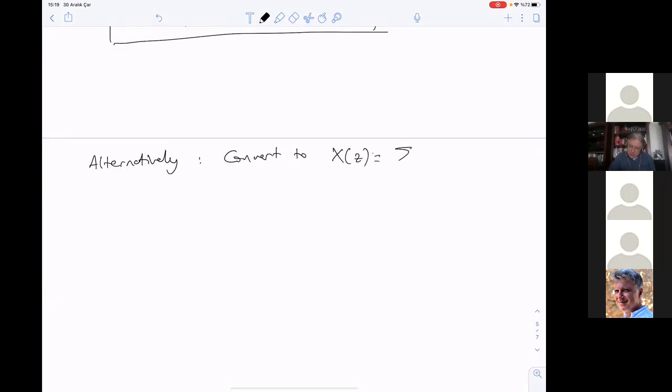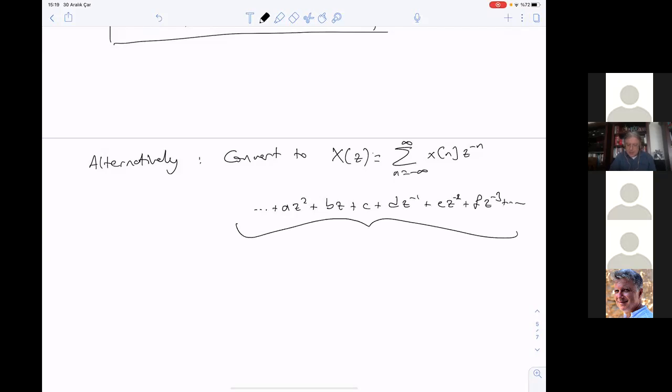X of z is equal to the infinite summation, which is the definition of the z transform, by the way, x of n z to the minus n, which is like dot dot plus a z square plus b z plus c plus d z to the minus 1 plus e z to the minus 2 plus f z to the minus 3 plus etc.